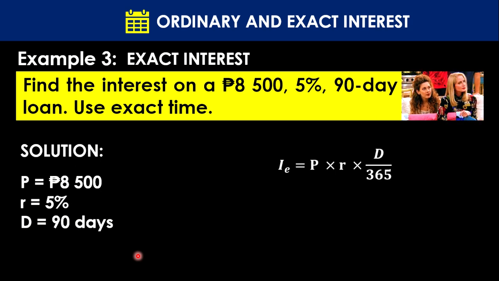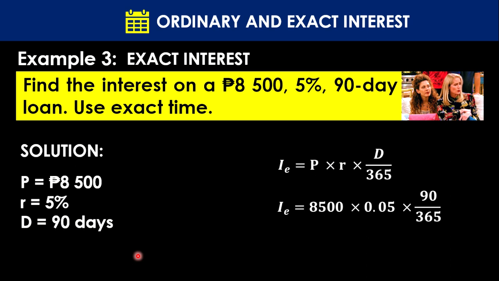Let's substitute that into our formula for exact interest. That's 8,500 times 0.05 times 90 over 365. If we calculate this, we will obtain 104.79 pesos.